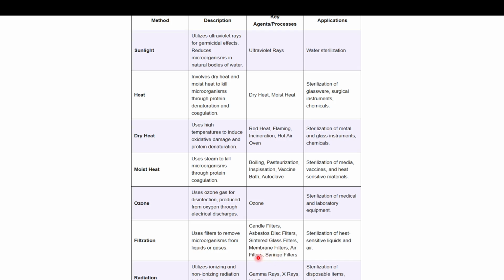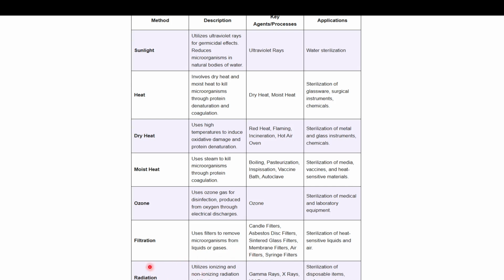Air filters are there, like in a laminar hood or any kind of hood in chemical laboratories. All these have different ways to filter out particulate matter from the air surrounding you. So there are air filters, membrane filters, and asbestos disc filters, basically for sterilization of heat sensitive liquids and air.